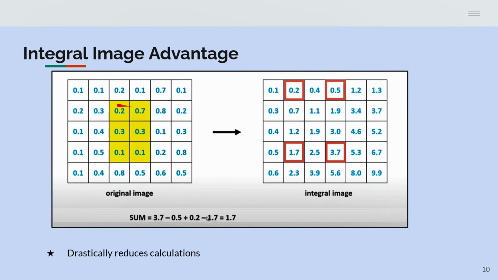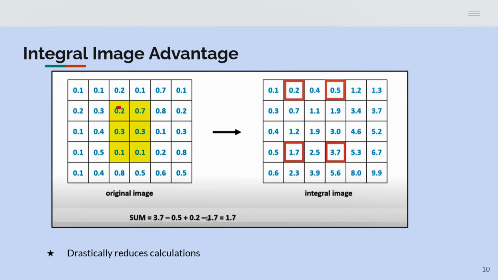So if you want to calculate delta for this particular yellow shaded window region, we have to only consider the corner points. We need not consider all the pixels inside the region. We just have to consider the pixel values at the corners.